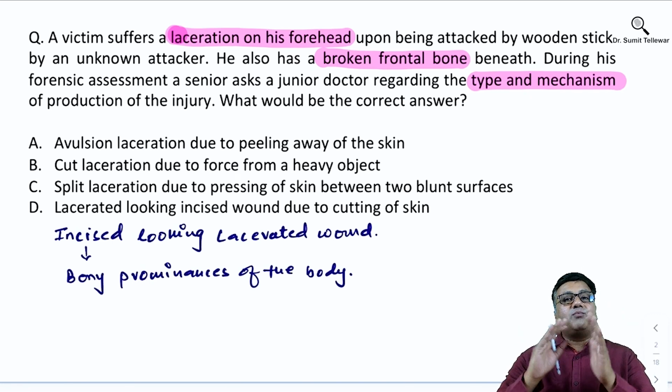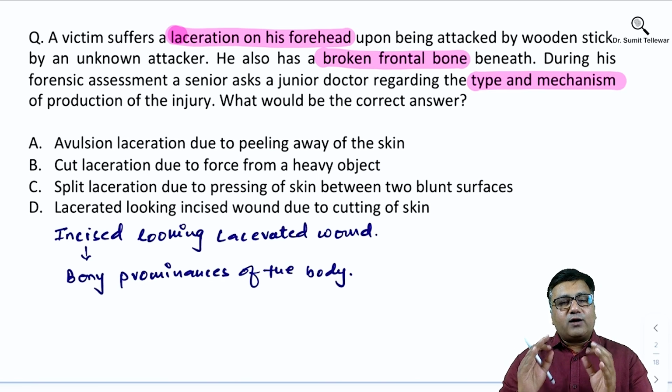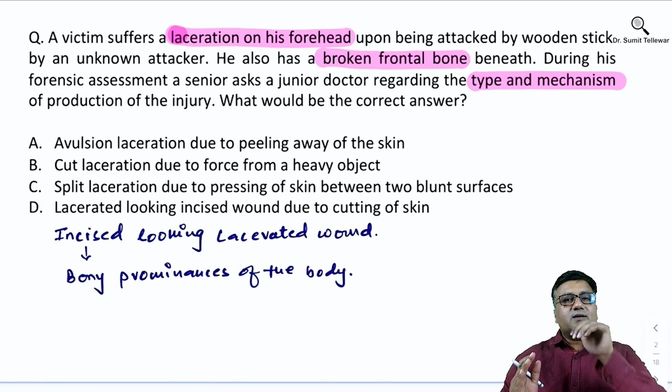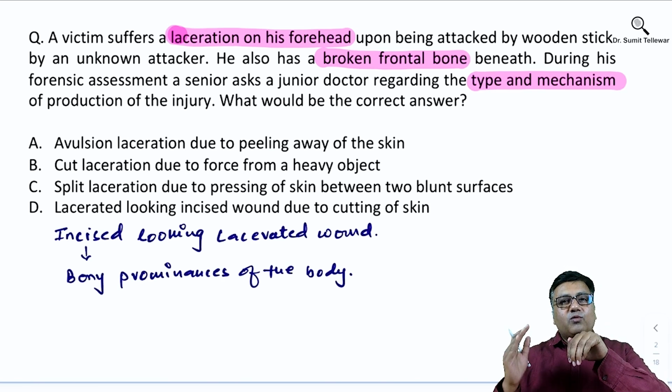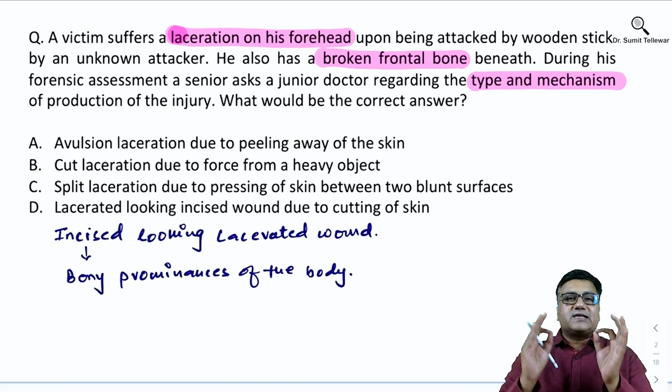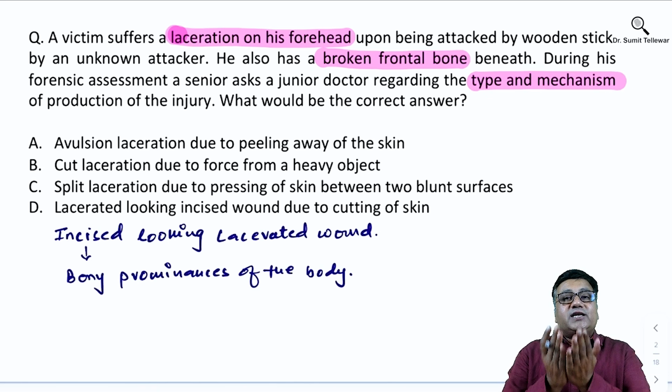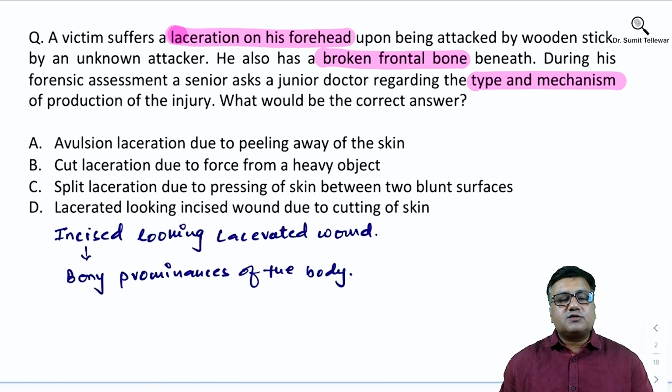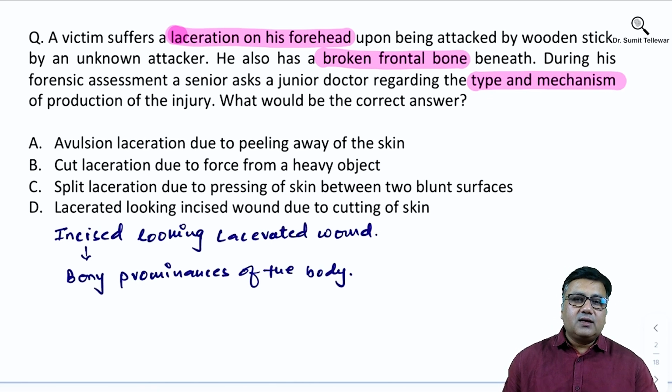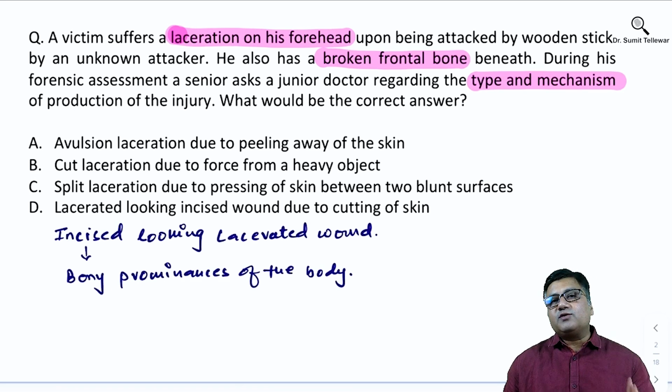Because there is a bony prominence, there is lack of connective tissue. So the underneath bone provides a base between which the skin gets pressed and it splits open. And whenever this splitting phenomena happens, the margins of the wound are very, very regular, and thus, upon primary inspection, it may look like an incised wound.